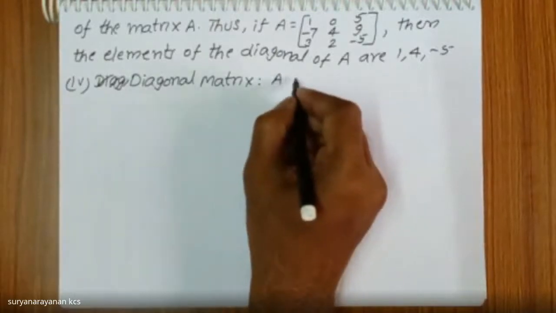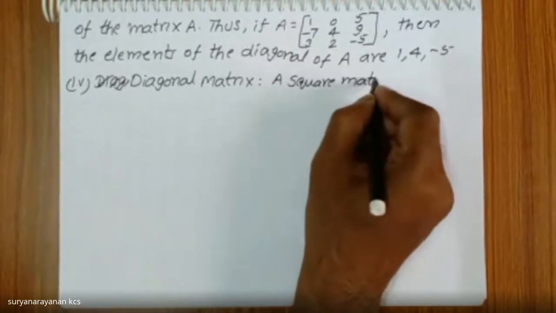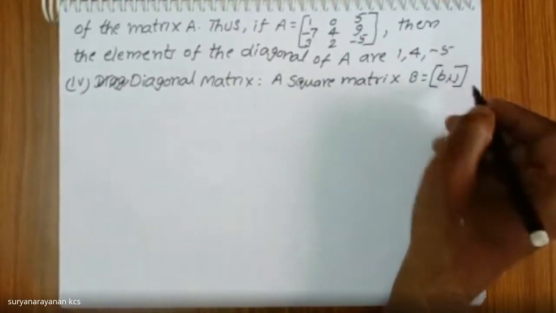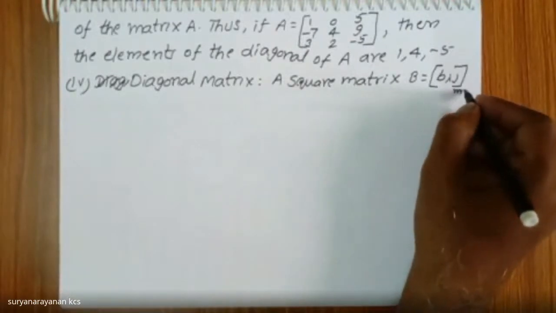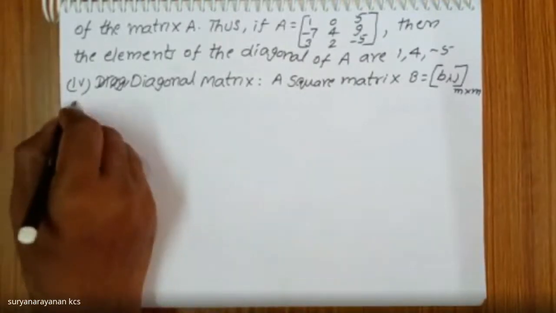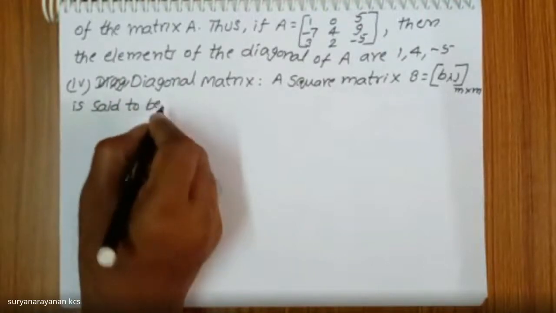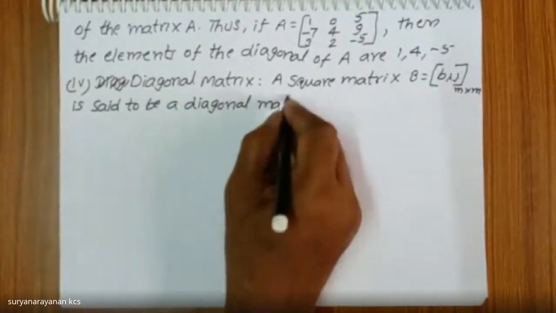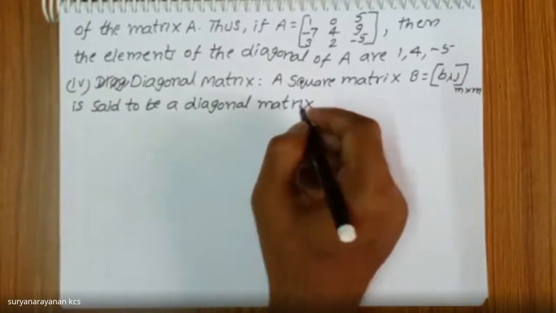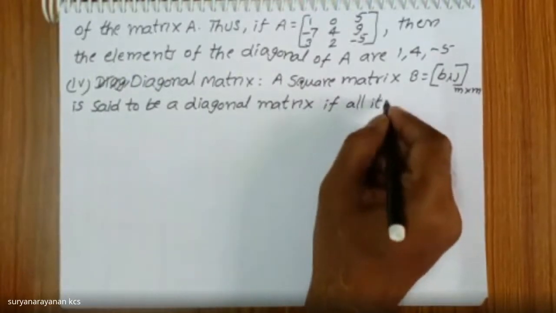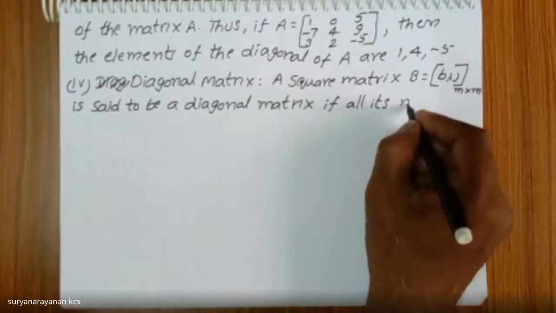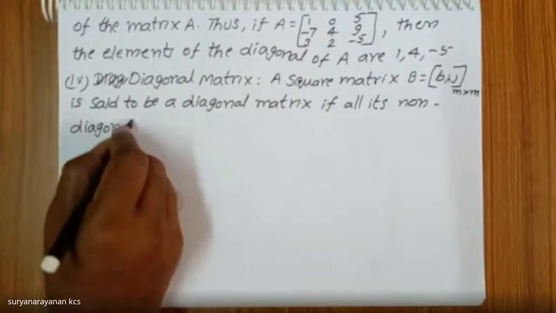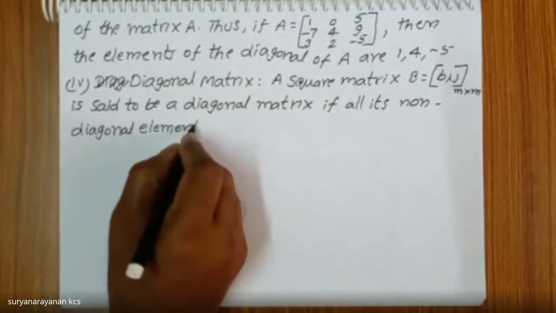A square matrix B equal to the matrix Bij of order m by m is said to be a diagonal matrix if all its non-diagonal elements are zero.